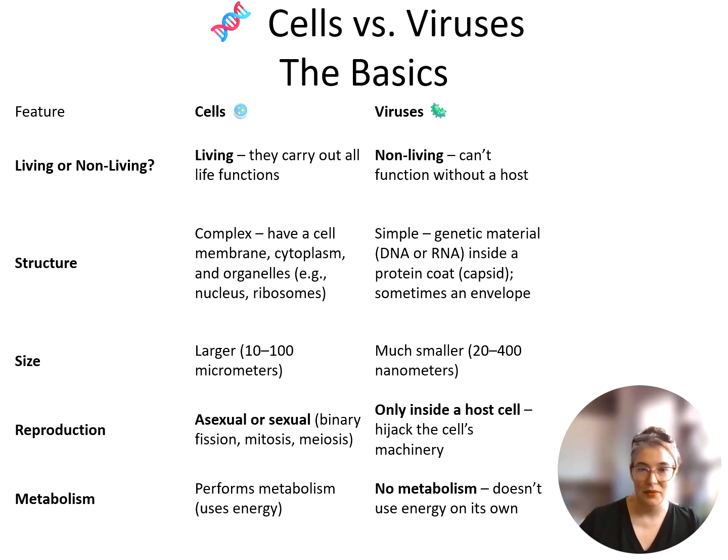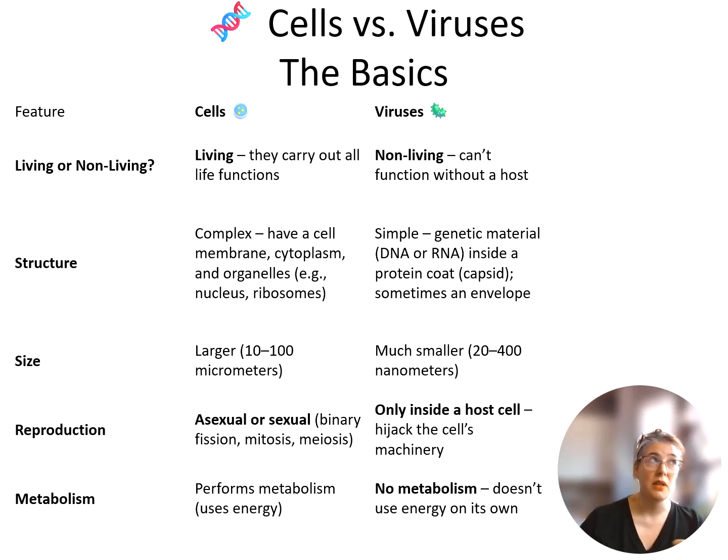Viruses are non-living. They can only function with a host. Cells are complex. They will contain organelles, and this is true of both prokaryotic and eukaryotic cells. They're complicated. They have organelles inside them that are carrying out life functions.